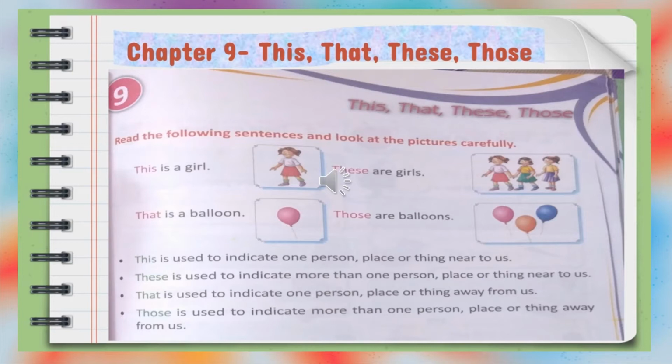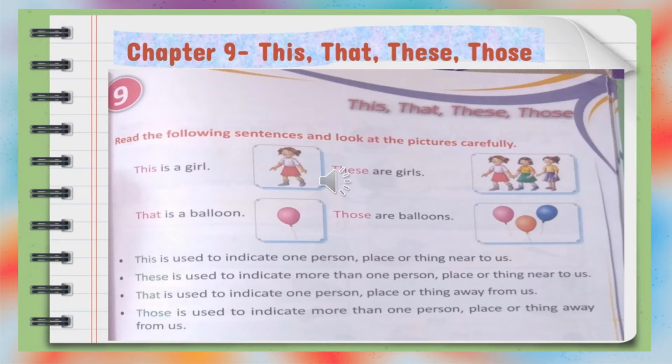That is used to indicate one person, place or thing away from us. Or we can say that is used to point out a person, place or thing which is slightly away from us, but singular in number, not plural.